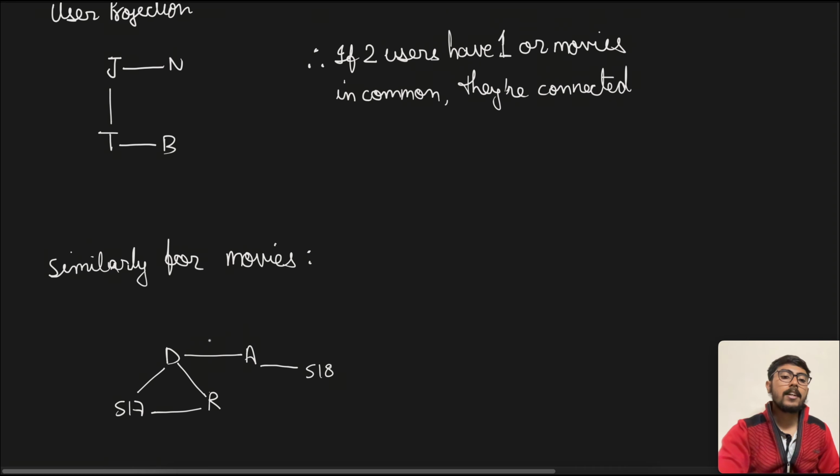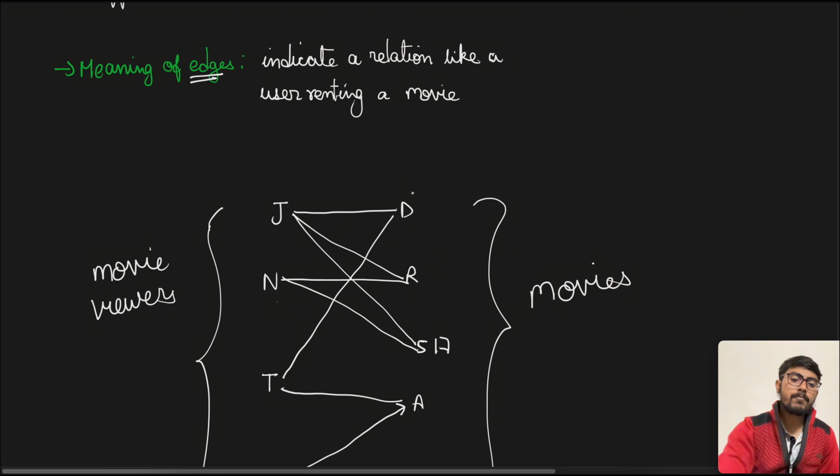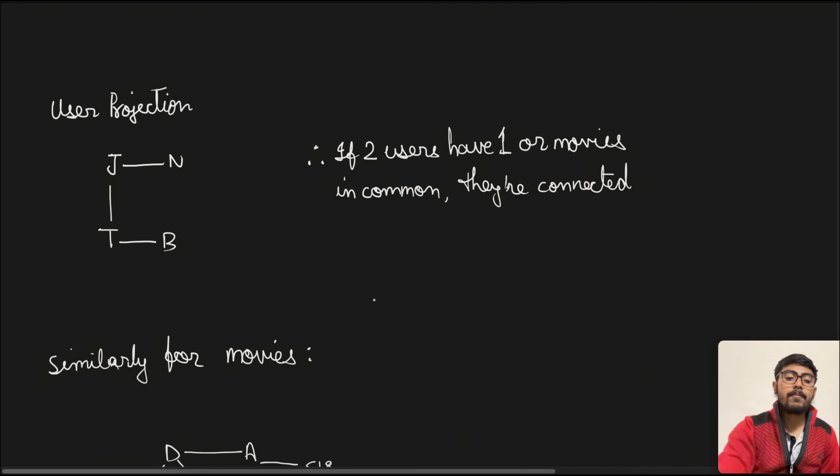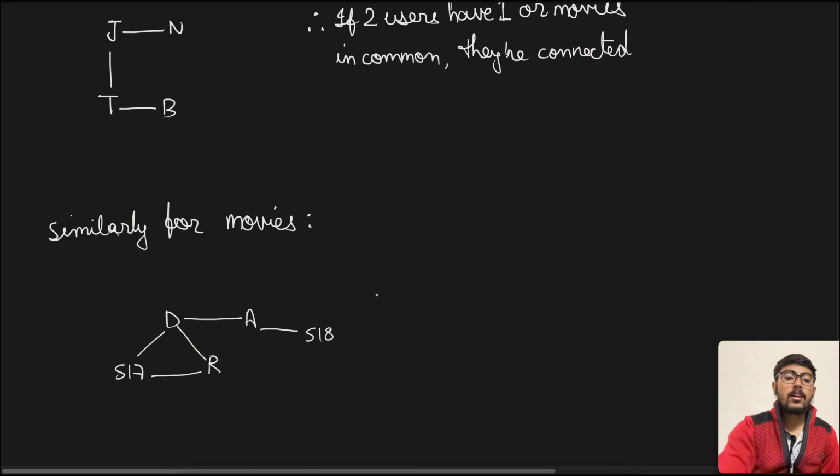The only thing that we'll look into is, let's say D and A have a common viewer, then D and A are connected, right? So that's how we will make the graph here, right?